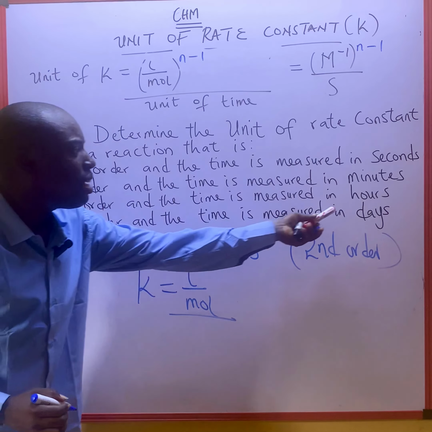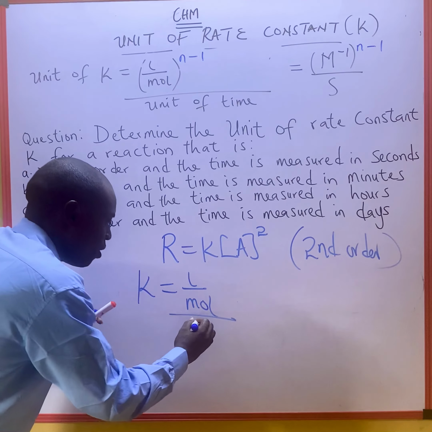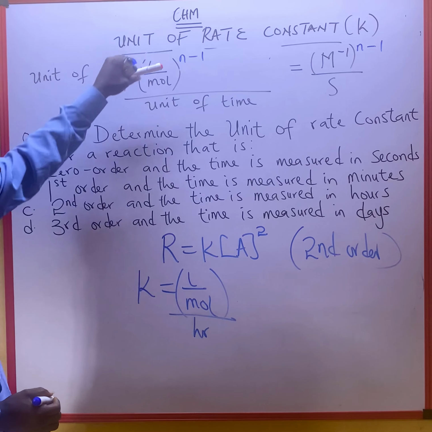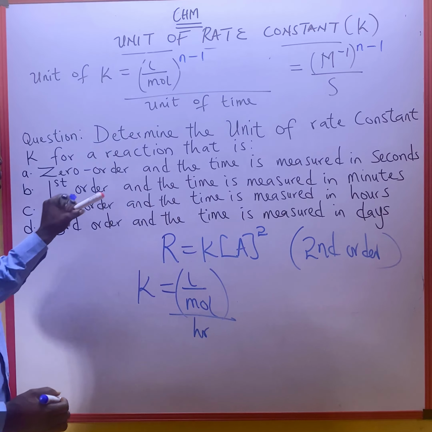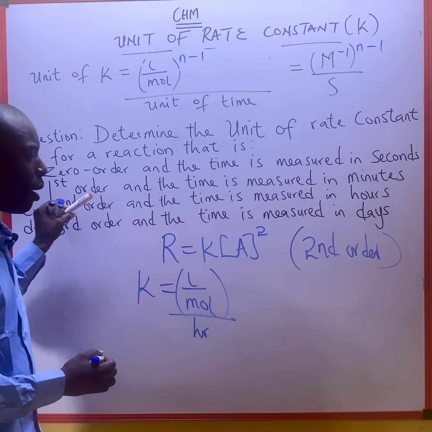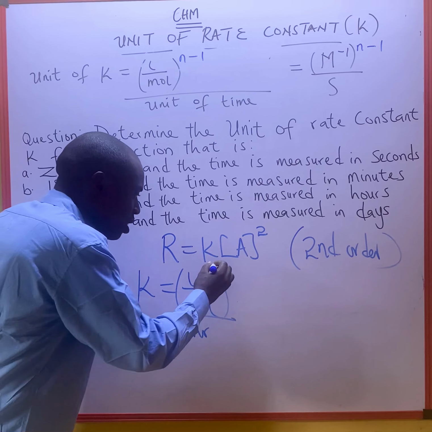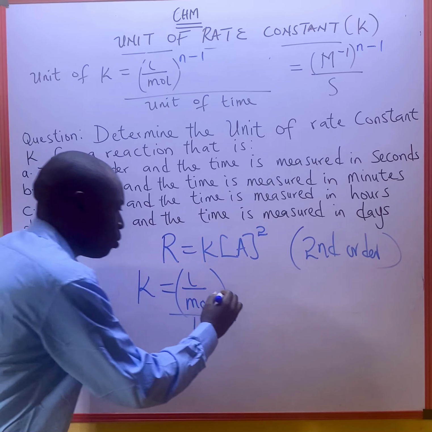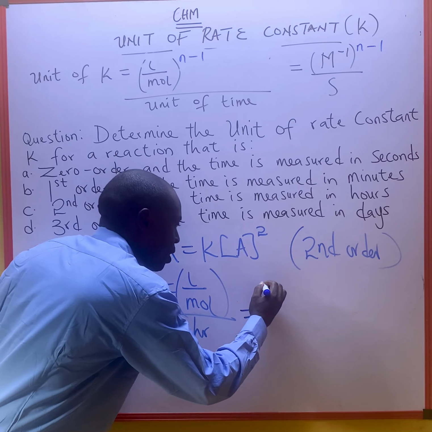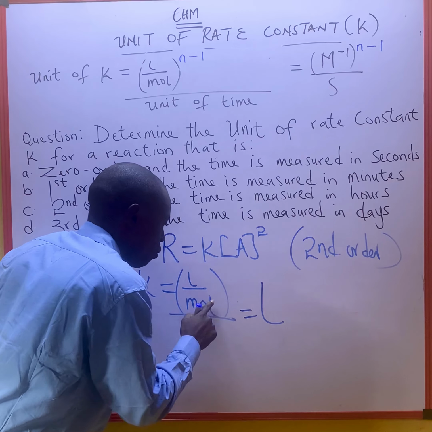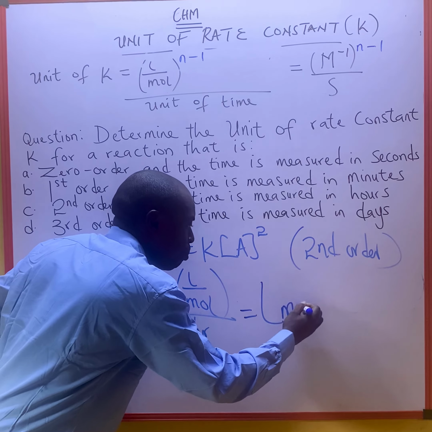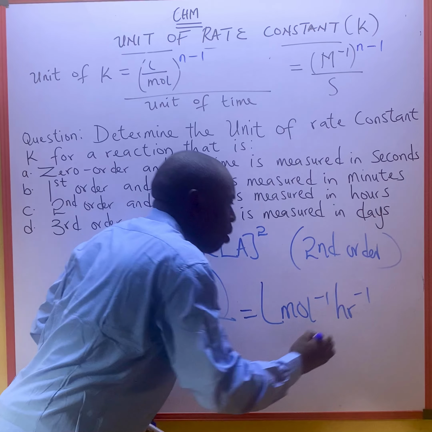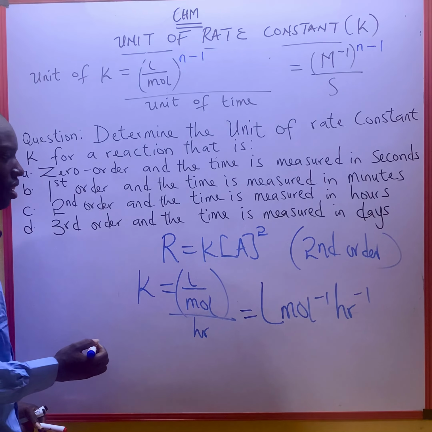They said the time was measured in hours. Take note, the order is 2, so it will be 2 minus 1, which is 1. So it remains like this. The final answer becomes liter per mole per hour.